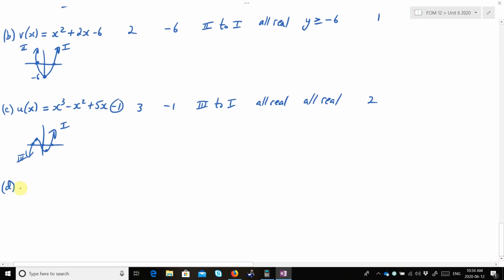And finally, letter D is w of x, which is equal to negative 2x cubed plus 4x. Number of possible x-intercepts for a cubic is 3. The constant term is the y-intercept. There is no constant term, so it's a secret 0. End behavior for a negative cubic would roughly go like this, right? So it's going from quadrant 2 to 4.